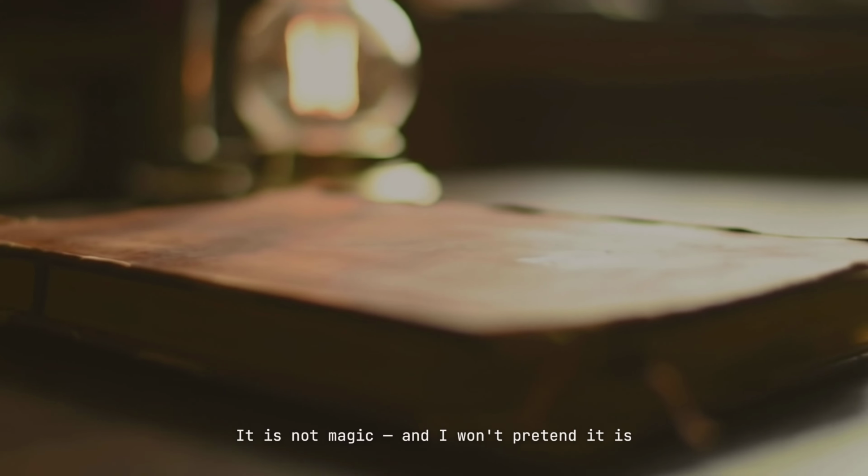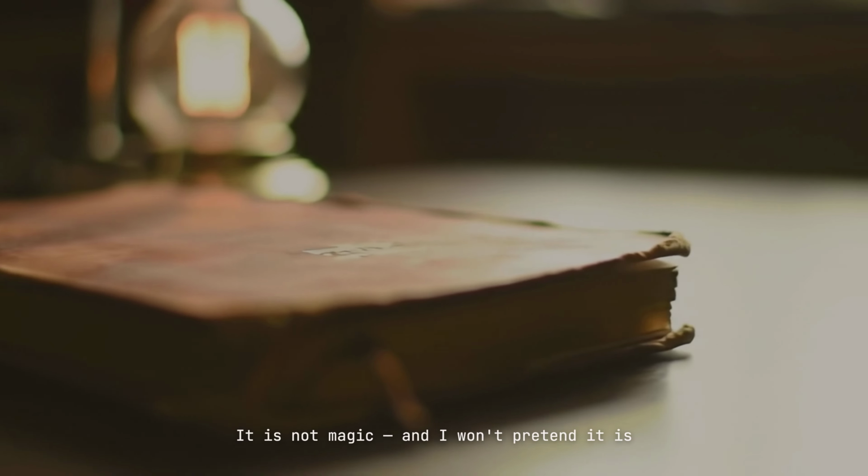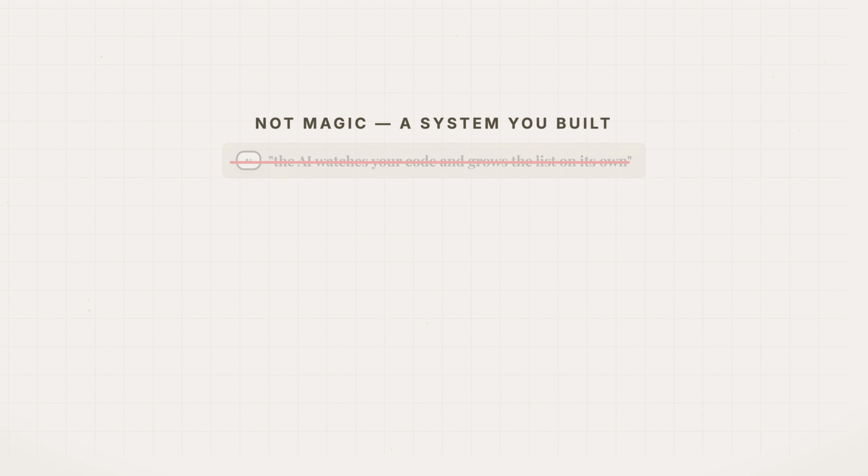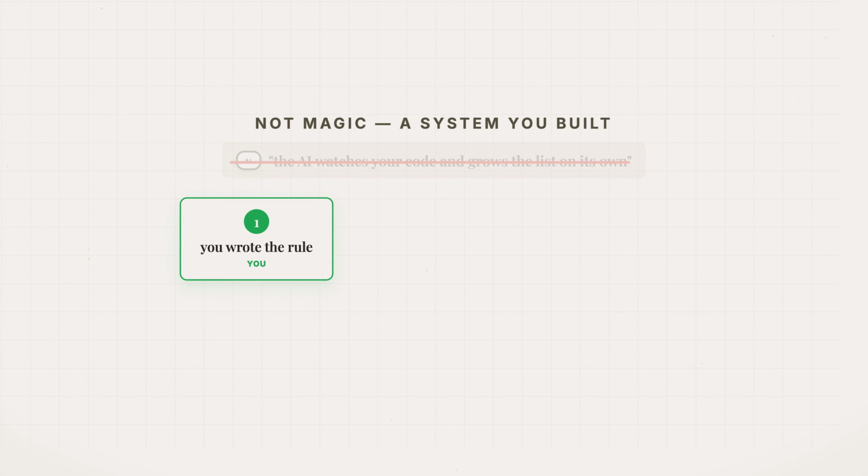And I want to be exact about why this works, because it is not magic, and I won't pretend it is. The checklist does not grow itself. There's no AI quietly watching your code and adding rules behind your back. That's not how this works. The reason the list gets smarter is that you built the system that makes it get smarter. You wrote the rule. You do the 2-minute postmortem when a bug stings, and you confirm the line before it lands.